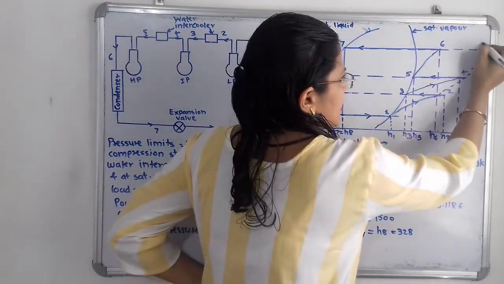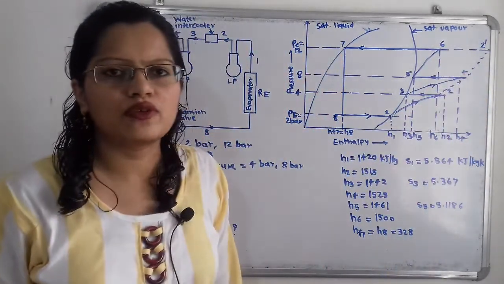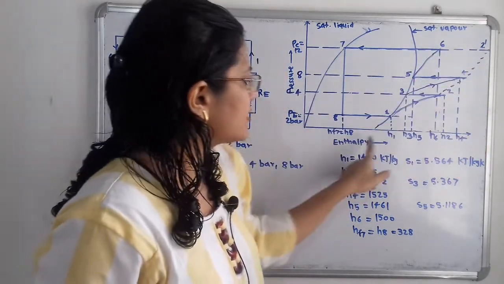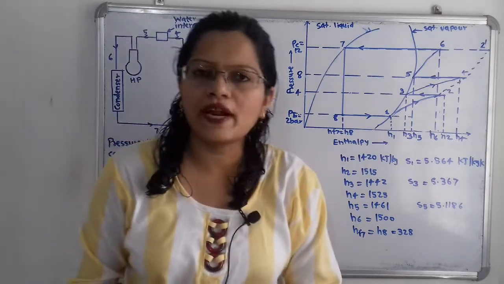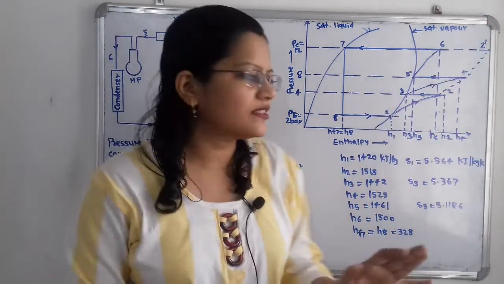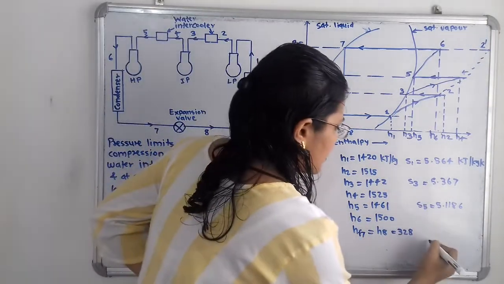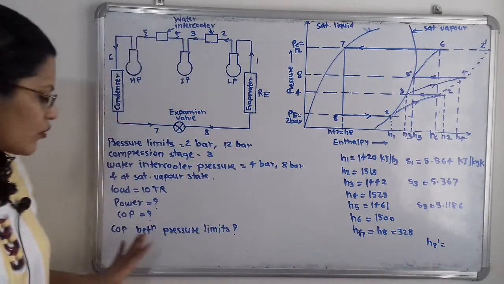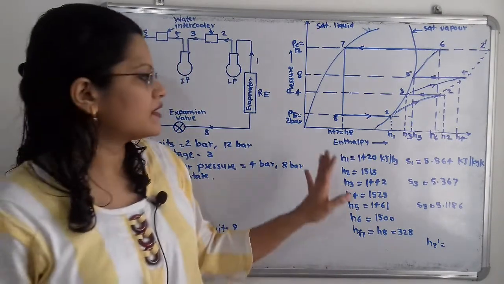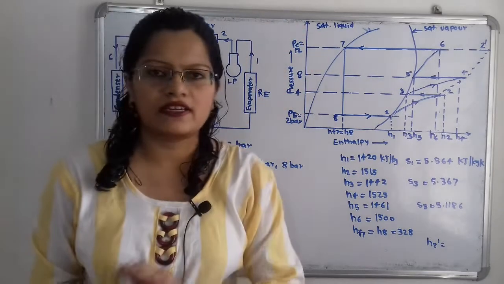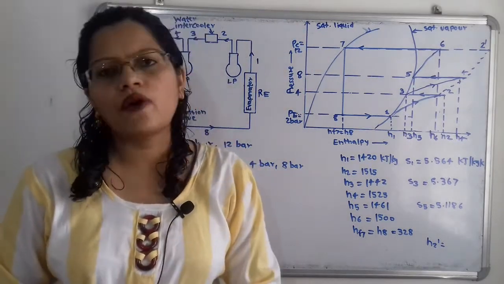I will say that here the point of intersection will be 2 dash, and when we take this 2 dash to the enthalpy line, we will get the enthalpy at point 2 dash, that is H2 dash. By using it, we can easily calculate the coefficient of performance between these pressure limits, that is 2 bar to 12 bar directly. So let us move to the calculations.